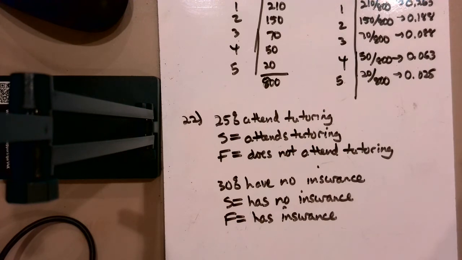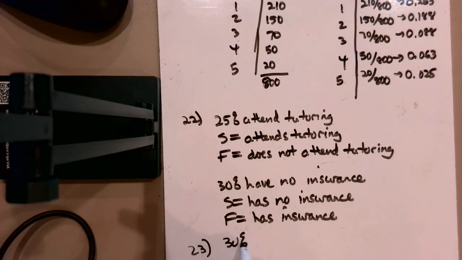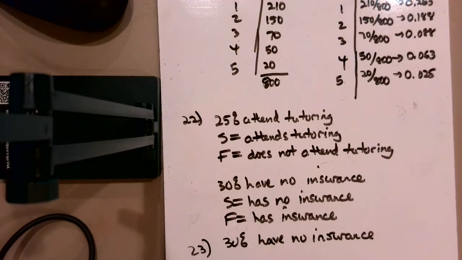Okay, so going on to question number 23. One version says, it's the doctor question again, 30% of the patients have no insurance. During a 2-hour period, he sees 5 patients.